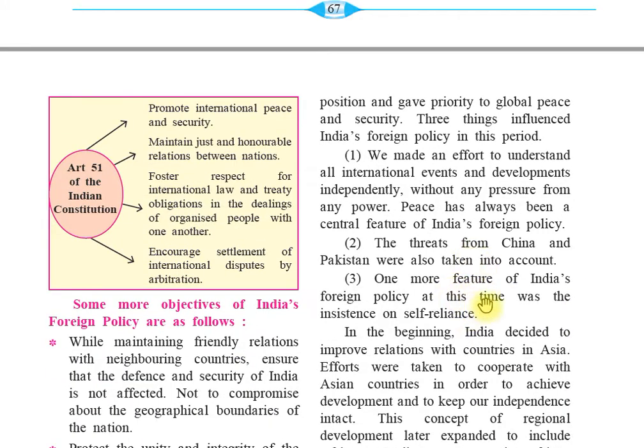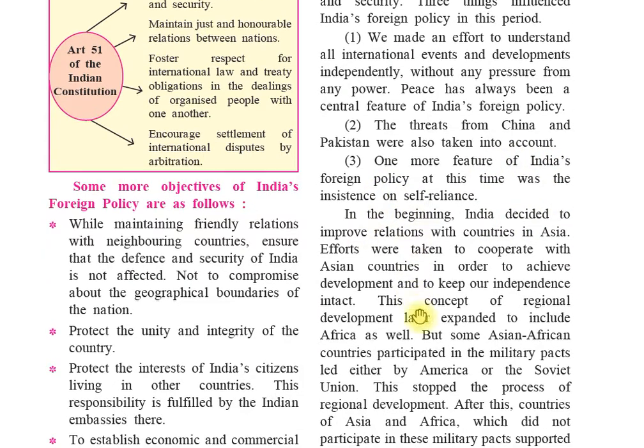One more feature of India's foreign policy at this time was the insistence on self-reliance. Self-reliant means our country should be a self-reliant, independent country. In the beginning, India decided to improve relations with countries in Asia.